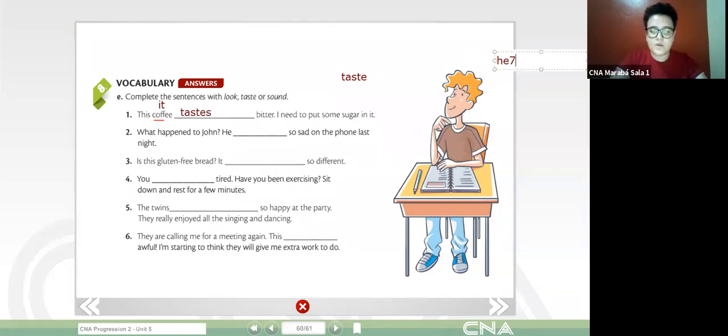And with he, she, and it, the verbs always come with an S. So you need to pay attention to what is the subject, who is the person the verb is referring to, and if that person is he, she, or it, like coffee, we need to use the little s at the end. So tastes bitter. Complete numbers 2 through 6, please, and let me know when you finish.